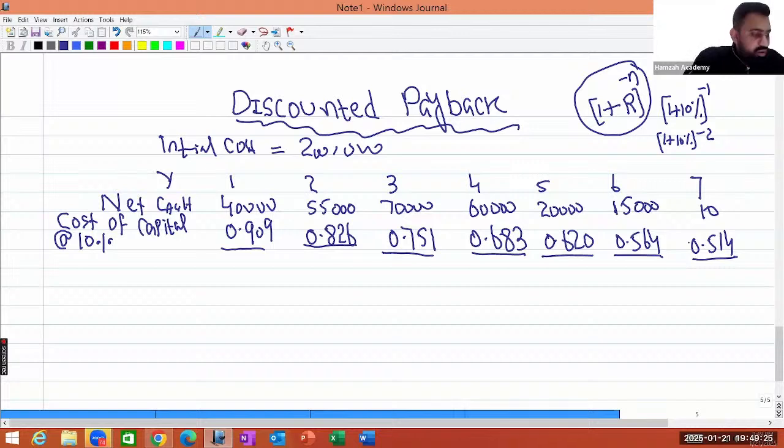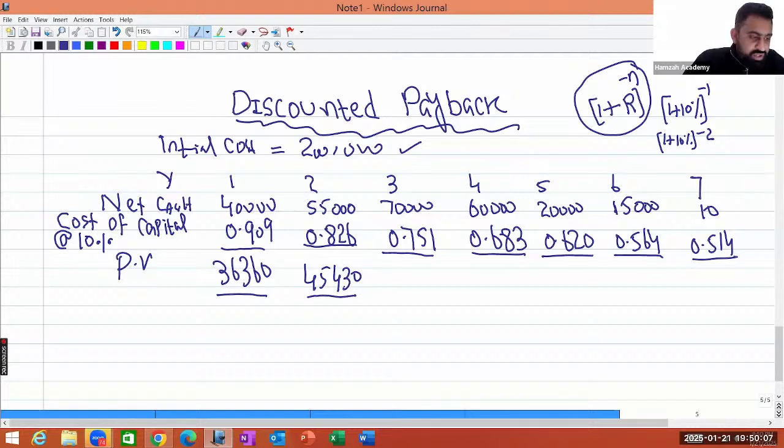Now, the present value means the value at today's term, at current term, when we are investing this $200,000. So now if you calculate the present value, the first year present value will be 40,000 into 0.909, which is 36,360. For year 2, 55,000 into 0.826, it is 45,430.